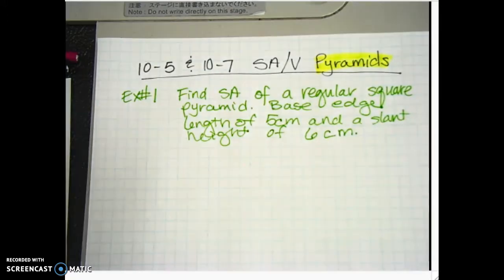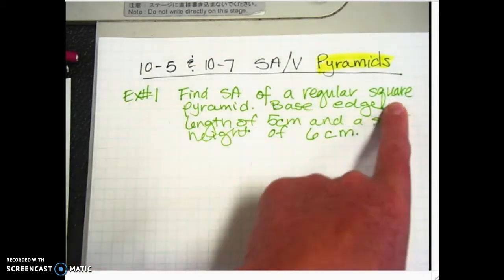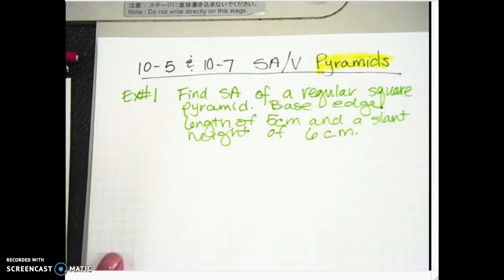Pyramids are kind of unique in that the base can change. The base can be a square, could be a triangle, could be a hexagon, octagon, okay? So when you go to draw them, if you know what shape the base is, draw that first. This one's going to be a square. So that's the first thing we're going to draw.